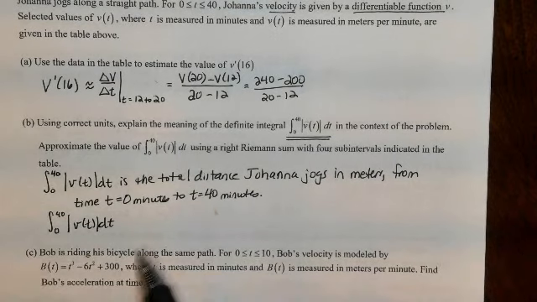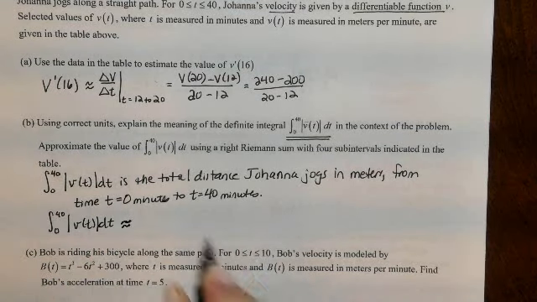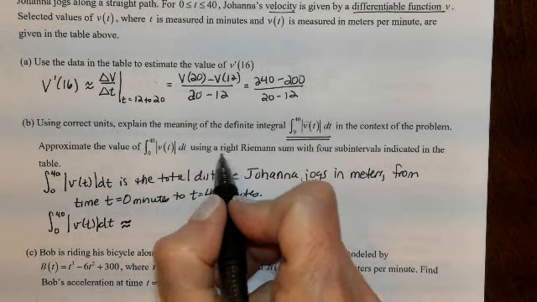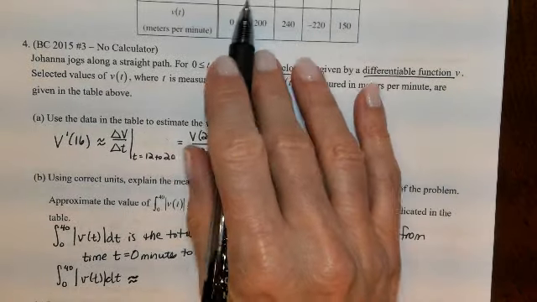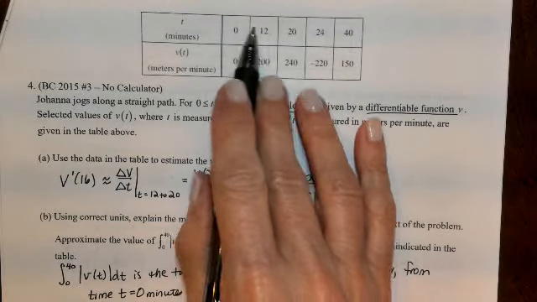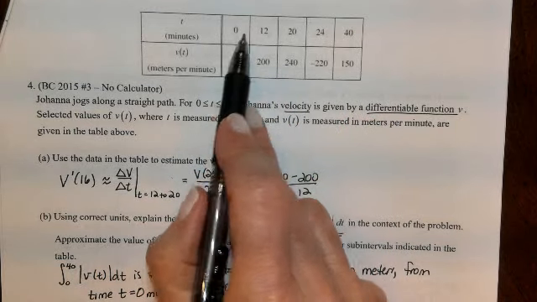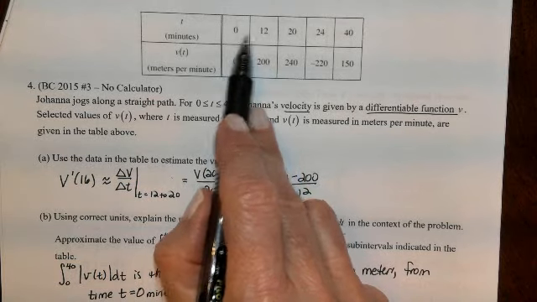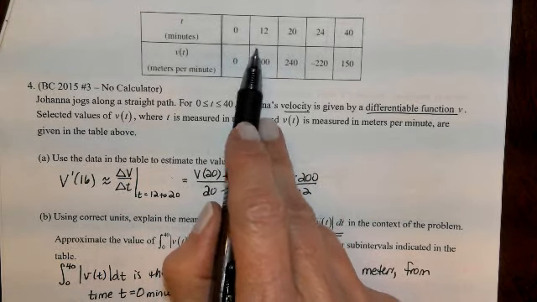Okay, so this is approximately equal to, okay, we're using a right Riemann sum. So I'm going to begin on the right. We could go ahead and begin on the left. If we began here, you guys, the first base length would be 12, and we would use as the height of that rectangle the 200 because that's on the right hand side of this rectangle.